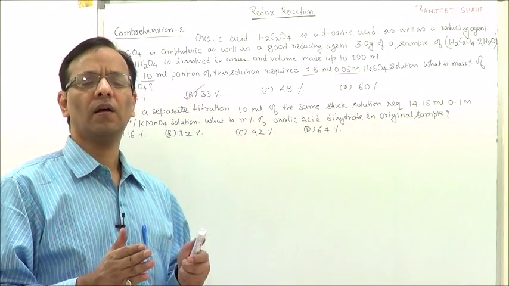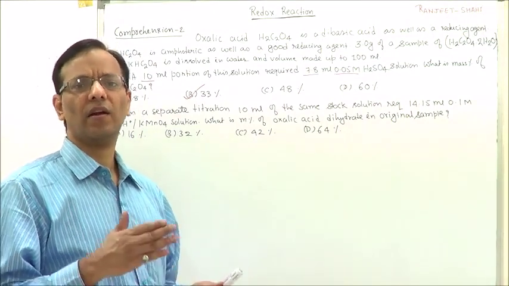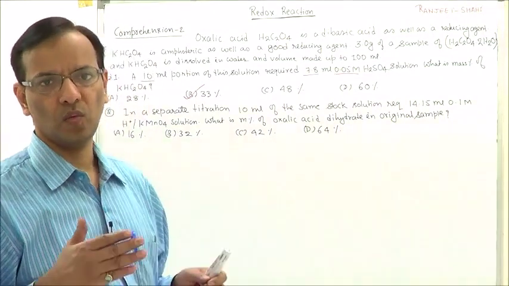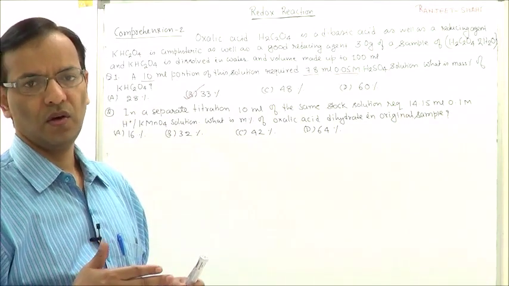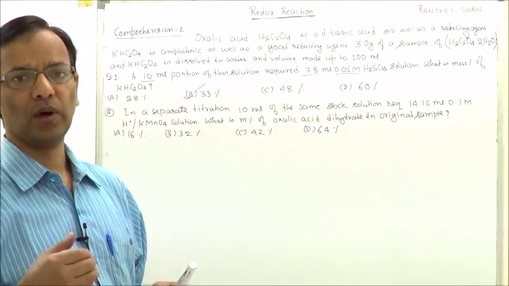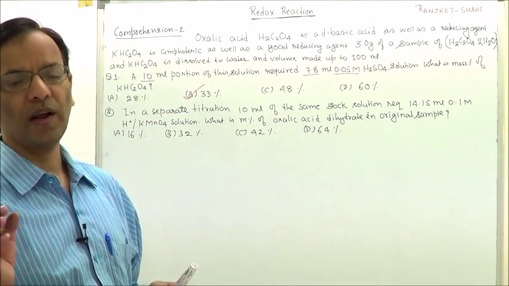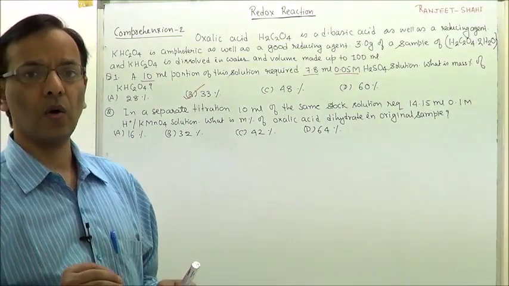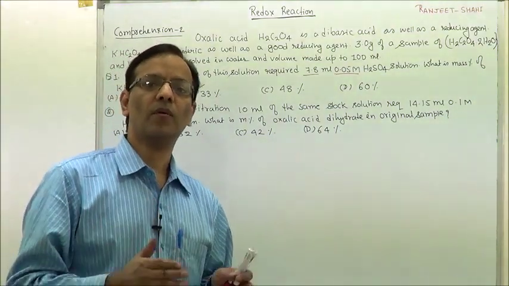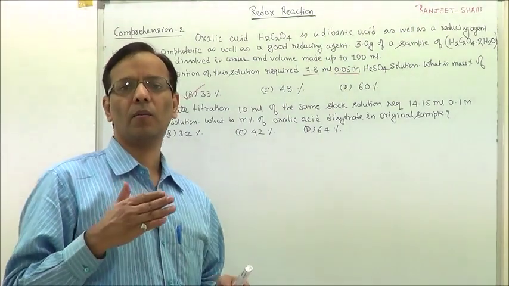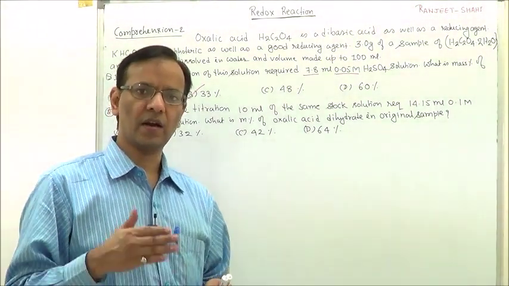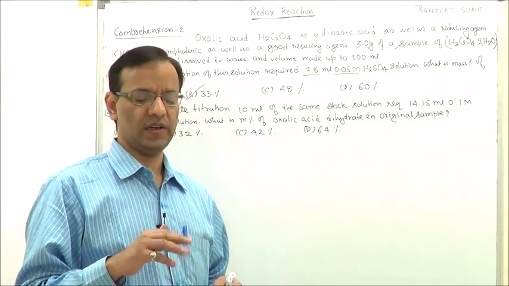So the milliequivalent of potassium permanganate will be equal to the sum of the milliequivalent of oxalic acid dihydrate and potassium hydrogen oxalate.